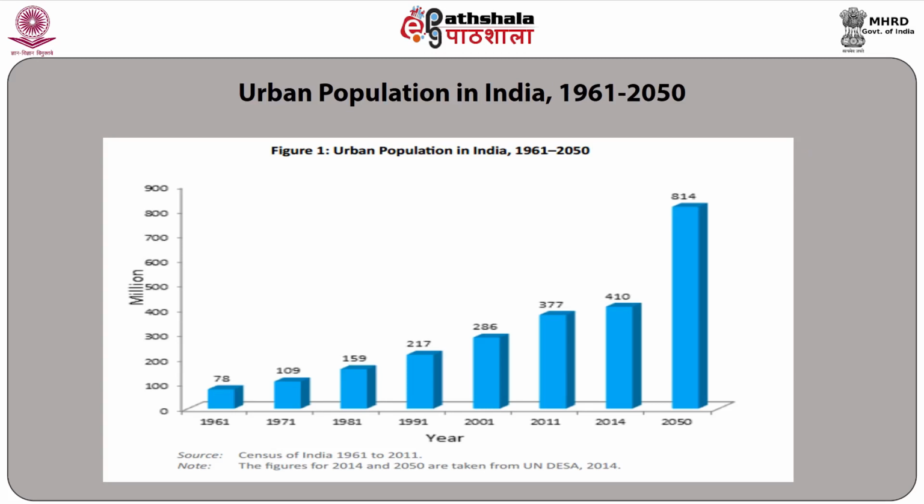It was 78 million in 1961, which increased to 109 million in 1971, and our recent census, that is 2011, shows an urban population of 377 million.